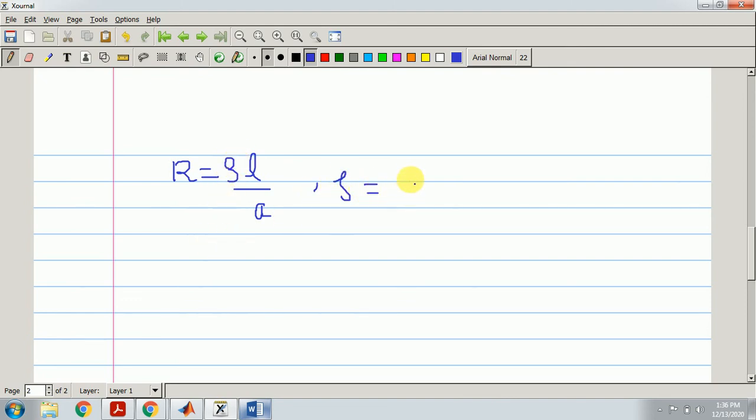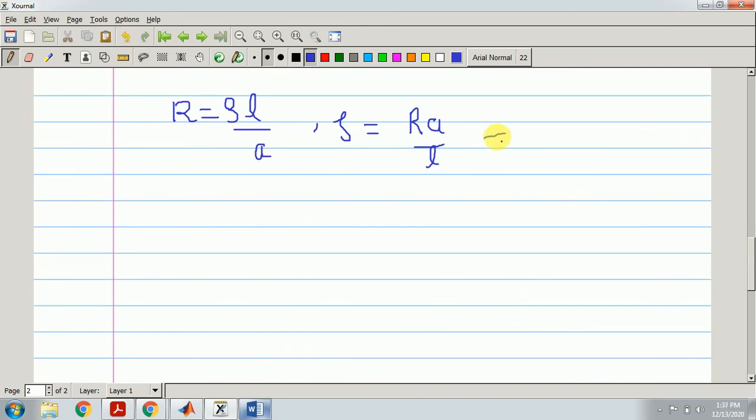So rho can be given by RA upon L. With this, the unit of R is Ohm, the unit of A is meter square, and the unit of length is meter. So ultimately you can write the unit of rho is Ohm meter. Okay.